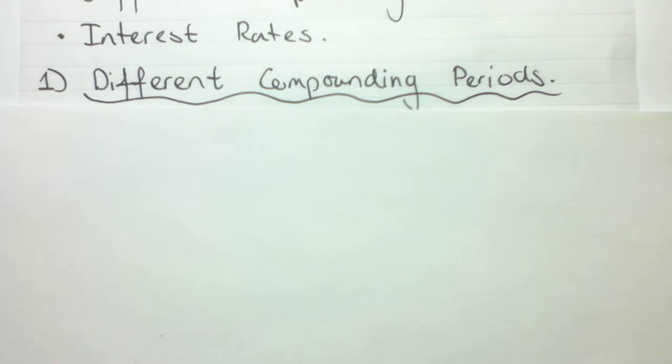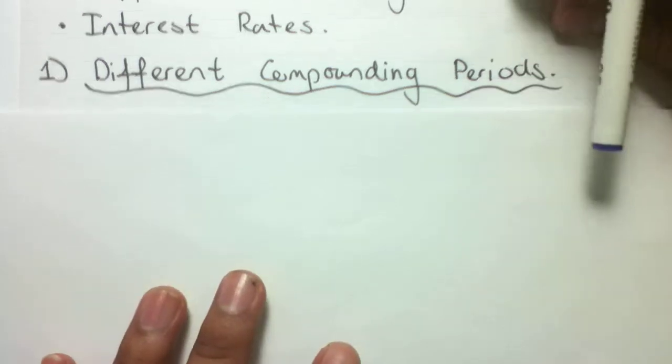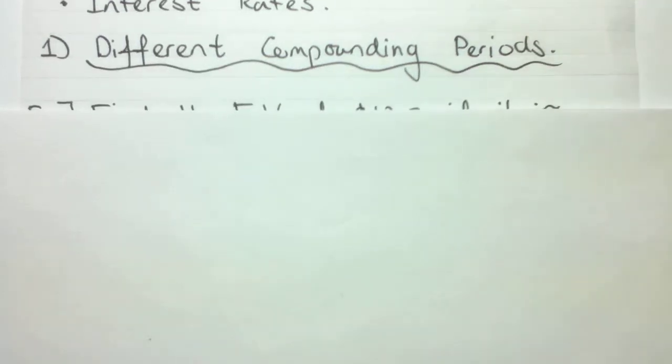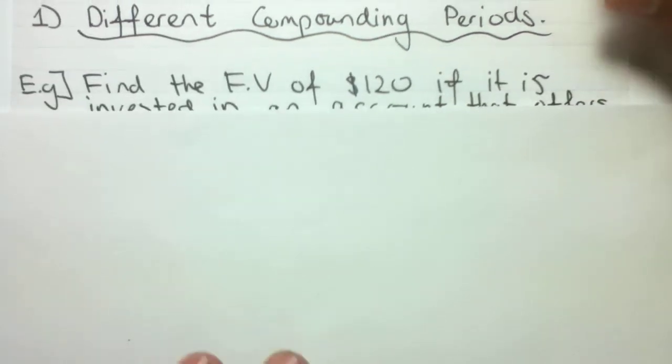What if I said find the future value of a particular amount such that the investment is compounded quarterly, monthly, weekly, or even daily? These are things that do occur in real life, and therefore we really want to look at these and see what further mathematical calculations must be done in order to get the right answer.